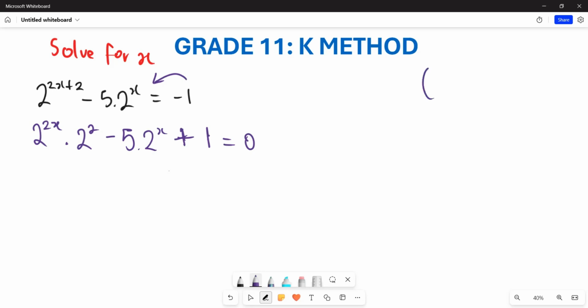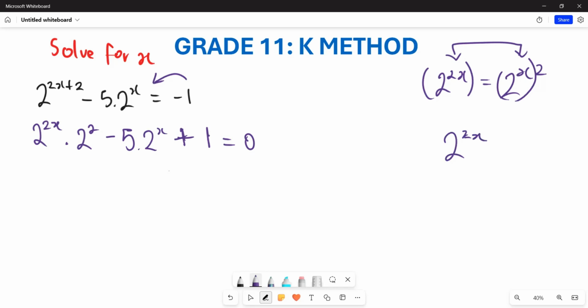Remember, 2 to the power of 2x is the same as 2 to the power of x, close bracket, squared. These two things are one and the same thing. Or basically, when you're having 2 to the power of 2x, it means you are having 2x as your exponent.